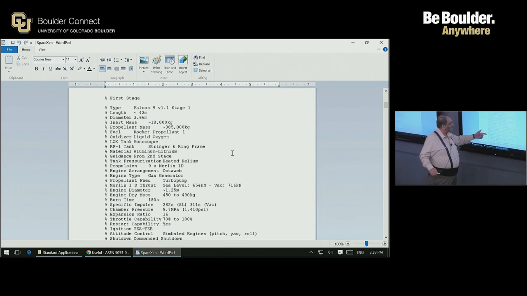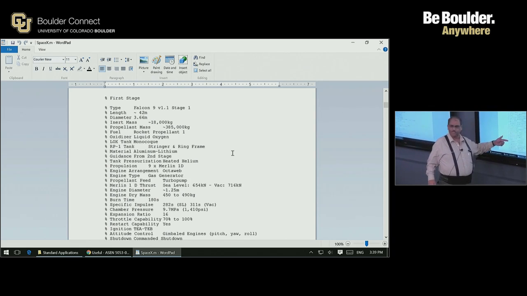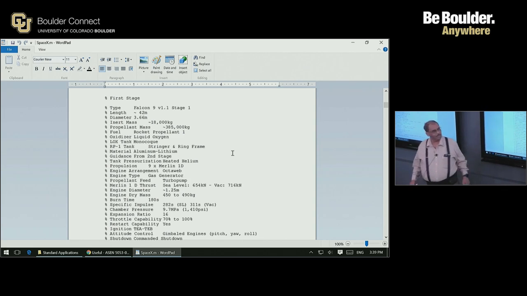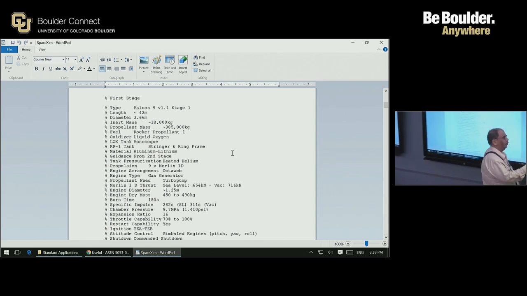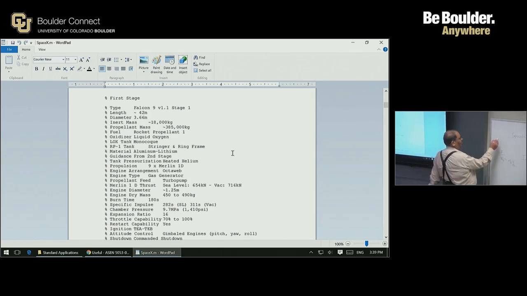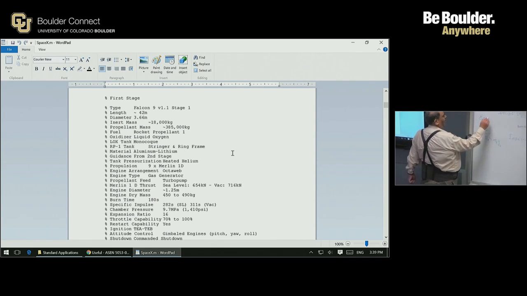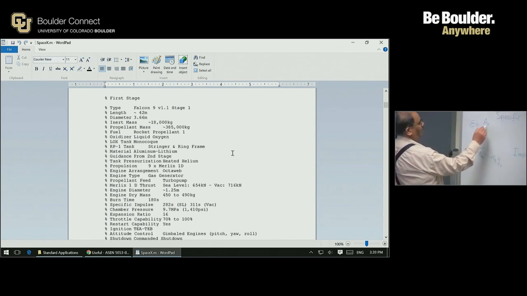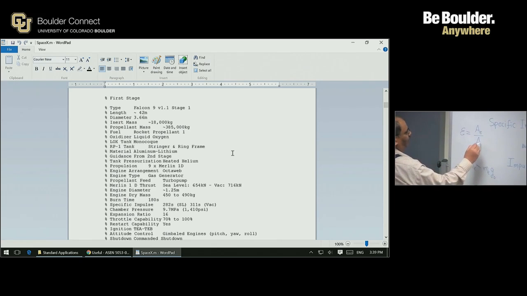Anyway, other things like, what is the chamber pressure of the engine? This is an important quantity, as we will see. What is the expansion ratio? Now, the expansion ratio is usually denoted as epsilon. It is the exhaust area divided by the throat area.